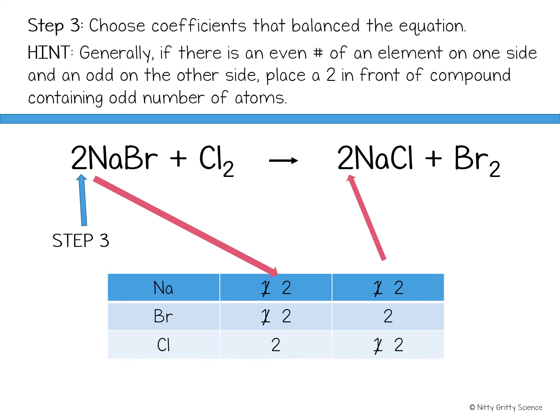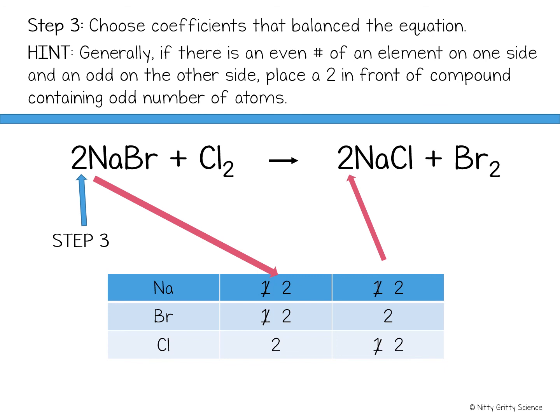So here I can see bromine has one atom on my reactant side and two on the product side. So I'm going to place the coefficient 2 in front of the compound that contains one bromine atom. As you can see, once I've done that, I'm going to change the table. Because I added that 2 to the front of this compound, I now have two sodiums and two bromines.